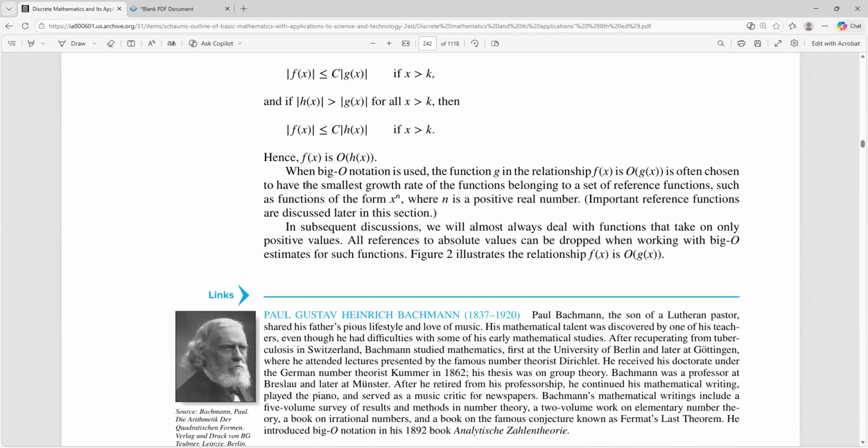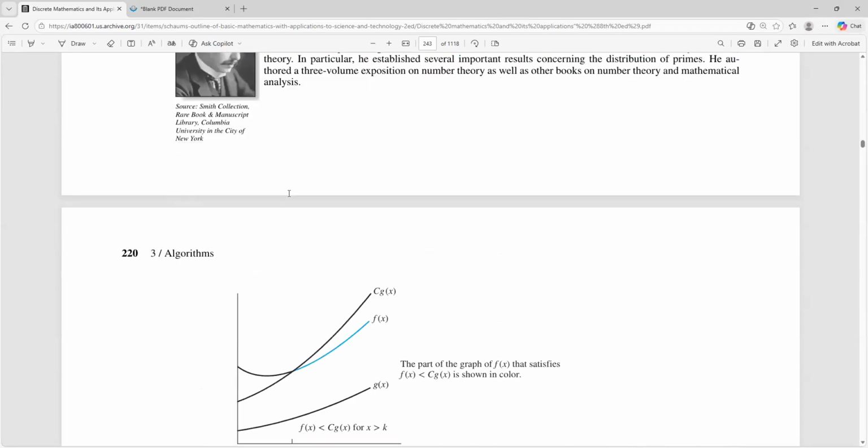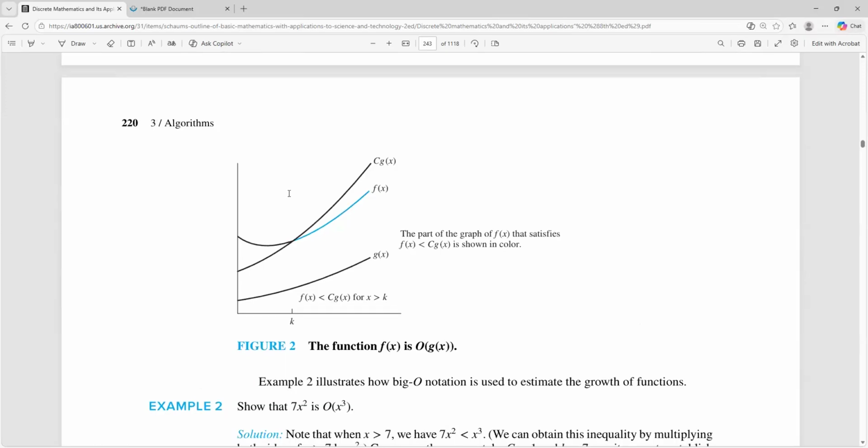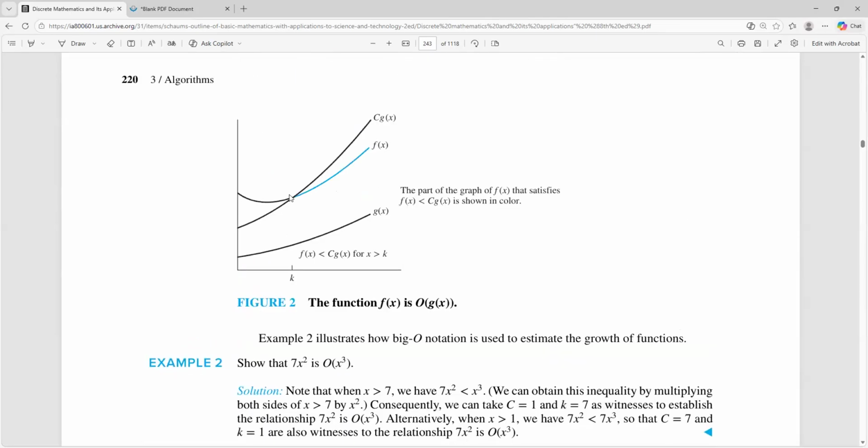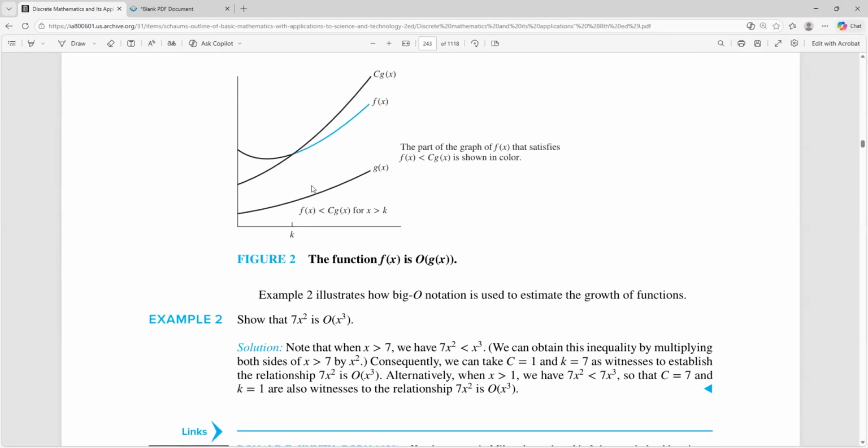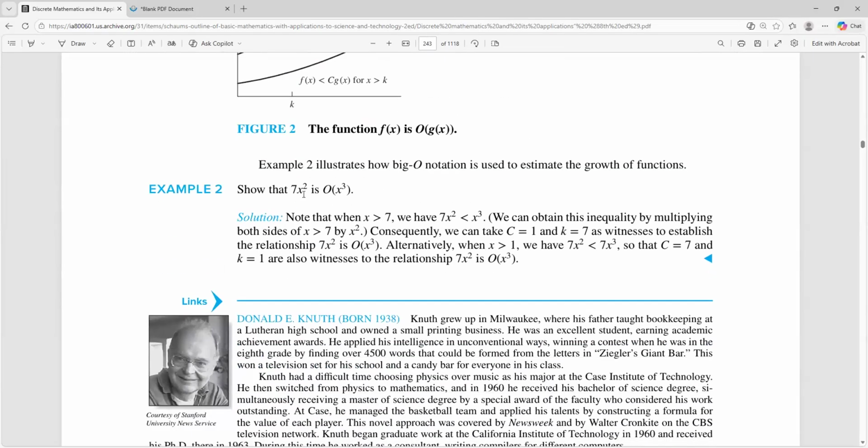Big O notation, I think that's good. Once again, here's another example. I want to prove that 7x squared is big O of x cubed. This one's a bit more obvious because the exponent is different.